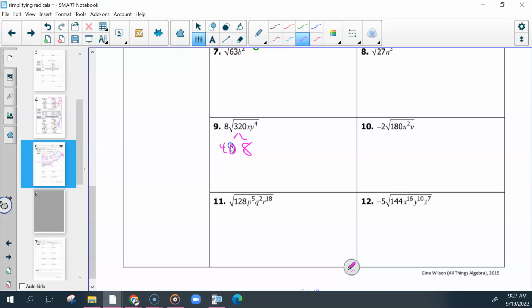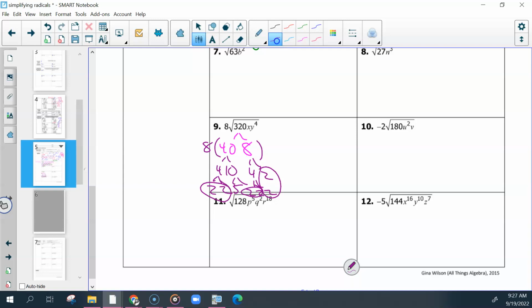Got it. That does work. Okay. And then 2 factors of 40. 4 and 10. Then we have 2 and 2, and 5 and 2, 4 and 2, and 2 and 2. So let's see, we have a group of 2s, another group of 2s, and another group of 2s.